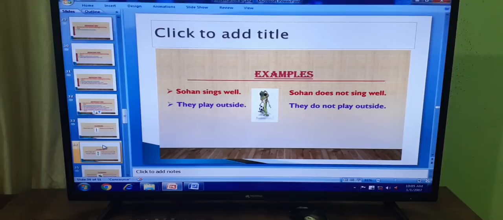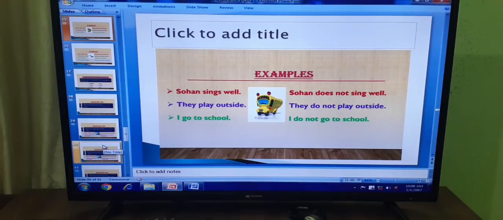And they is used as plural, meaning more than one. Your subject is plural. So with a plural subject we use do not. So you will use do not before the verb, that is play. And your sentence will become they do not play outside.